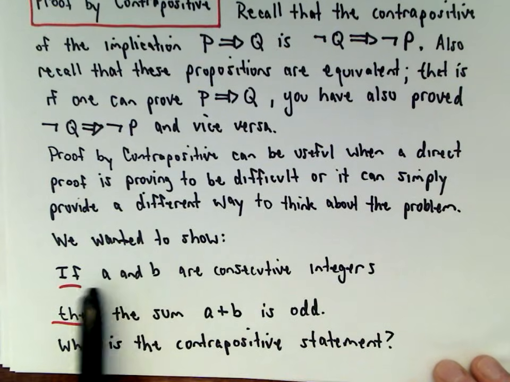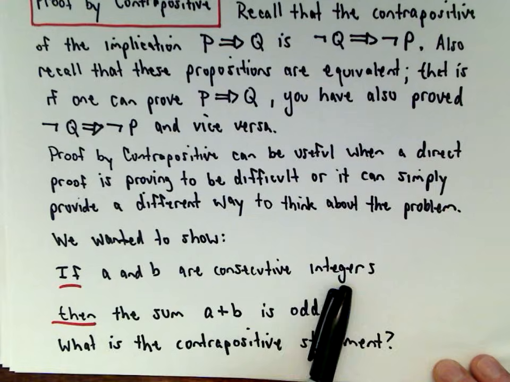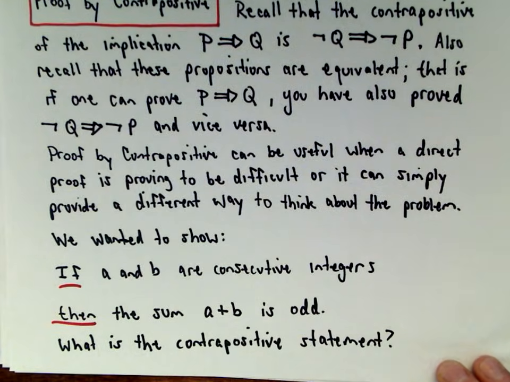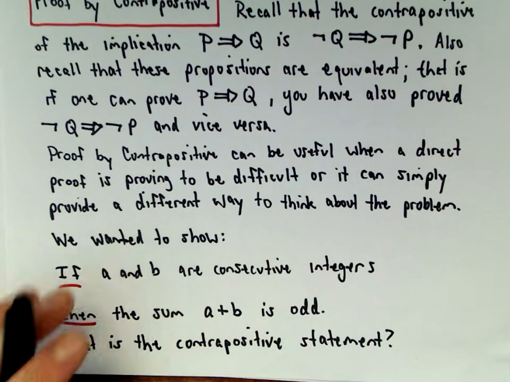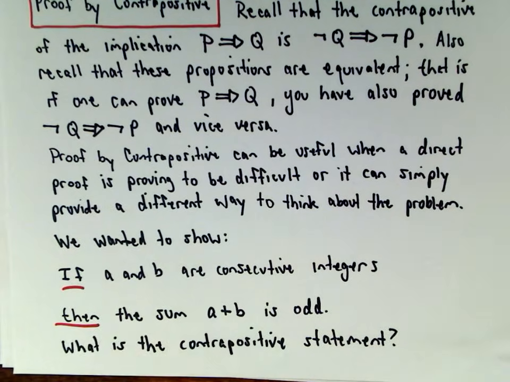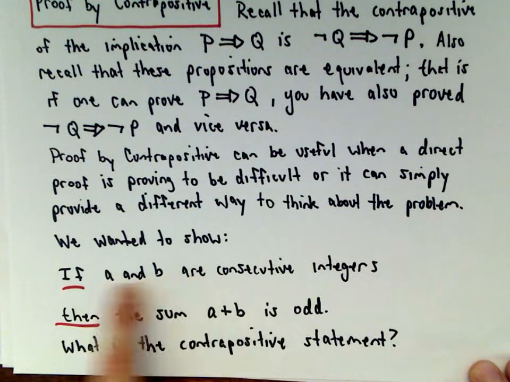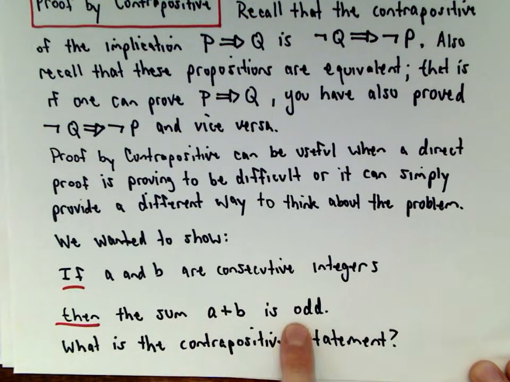So again, we wanted to show if a and b are consecutive integers, the sum a plus b is odd. So think about that for a second. What would the contrapositive of that be? Well, okay, so this first if, that's our statement P. So if a and b are consecutive integers, then the sum a plus b is odd.